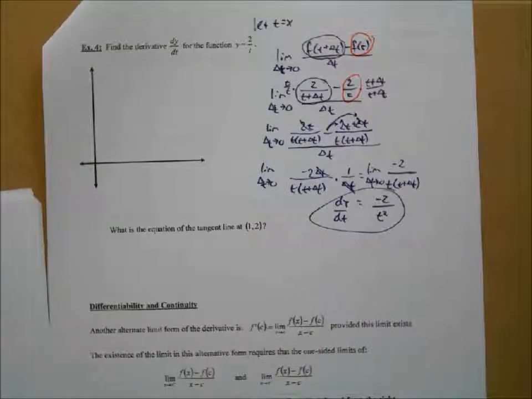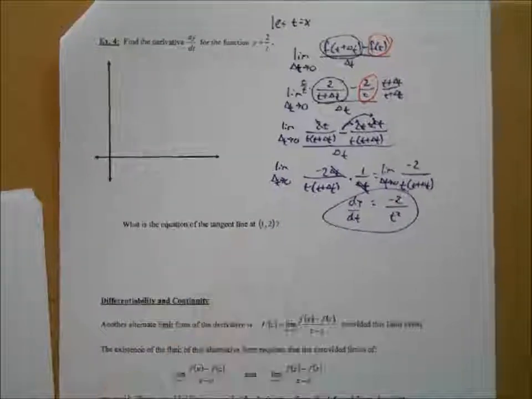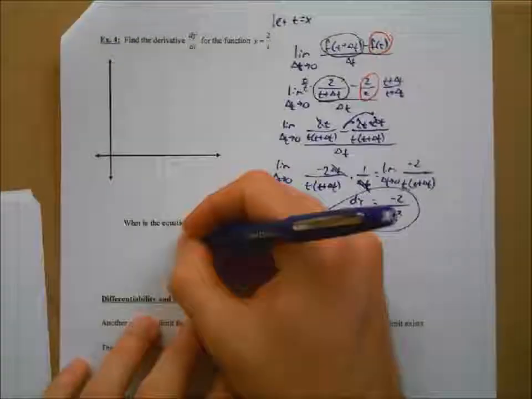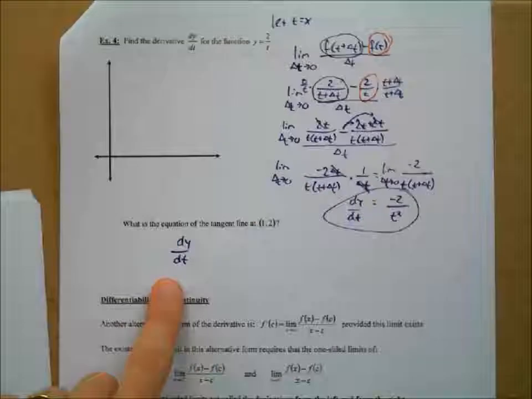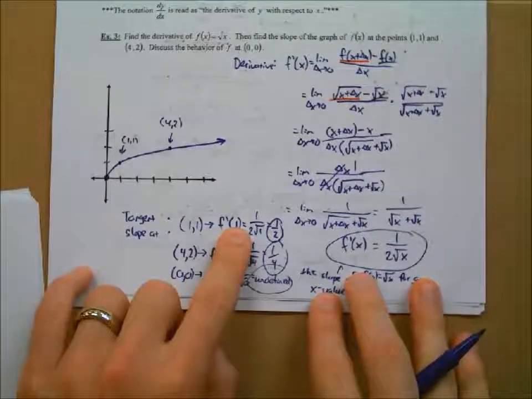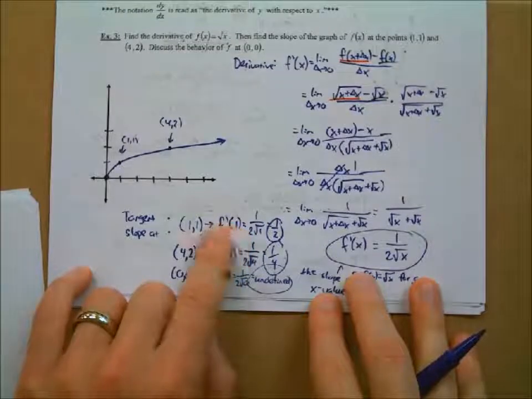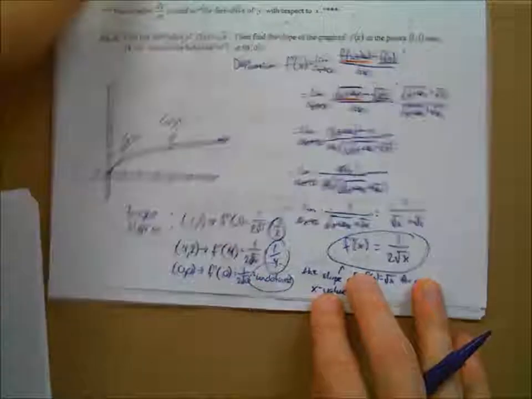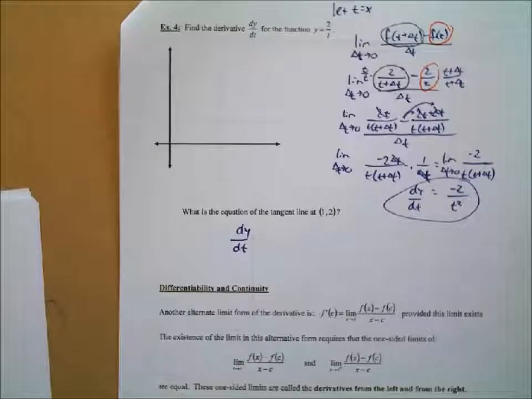So what is the equation then of the tangent line at 1, 2? This dy dt notation is a bit weird. Back when we had f prime and we wanted to evaluate it at 1, that's easy. You just plug 1 in for the x. F prime at 1 is what you write there. But here, with dy dt, there's no parentheses to write in the value.